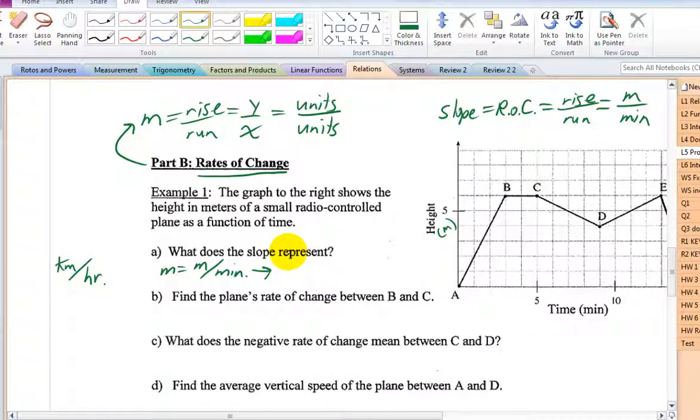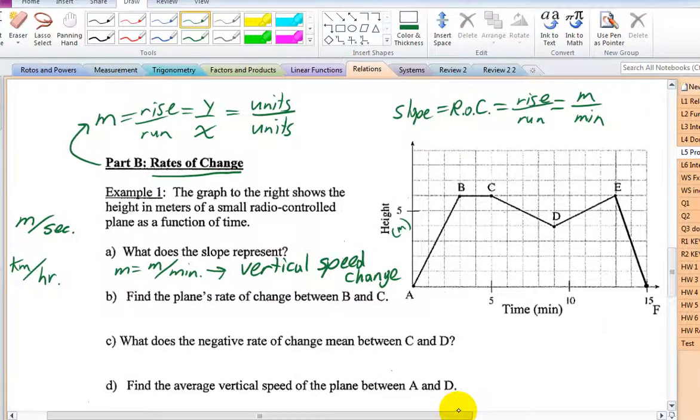And for us, because it's a plane going up or down, it represents the vertical speed change. Okay. In science, it's not kilometers per hour, but you often deal with meters per second. Okay, meters per second. Good.